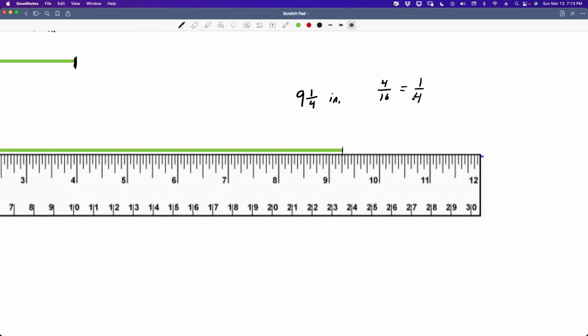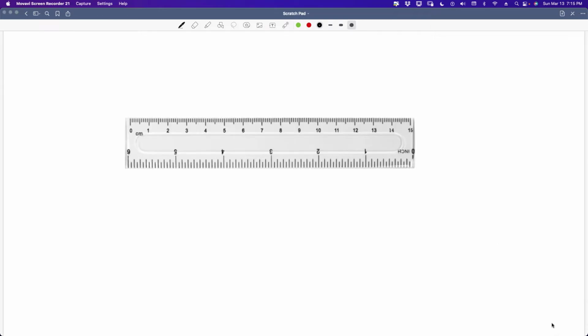All right, so we're going to talk a little bit about the metric system now. Let me clear this off for us. So this is a different ruler. It's a ruler that has the centimeters and the millimeters marked out on it. It's a 6-inch ruler, and it shows you the comparison between inches and the centimeters.